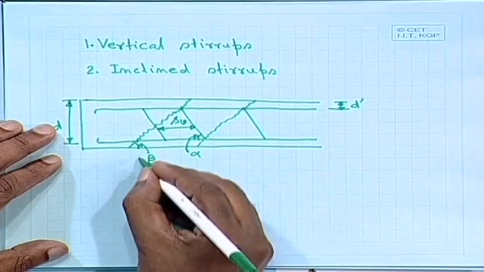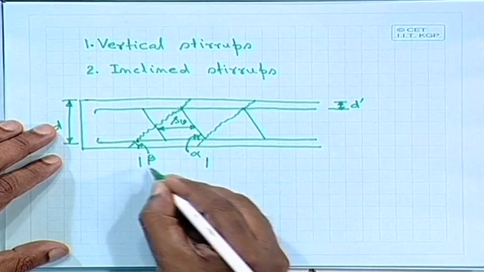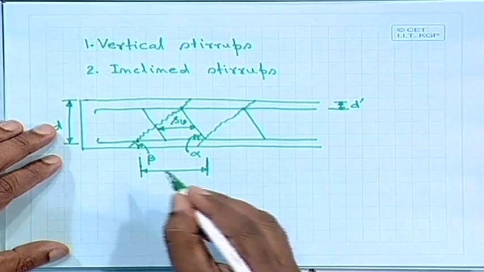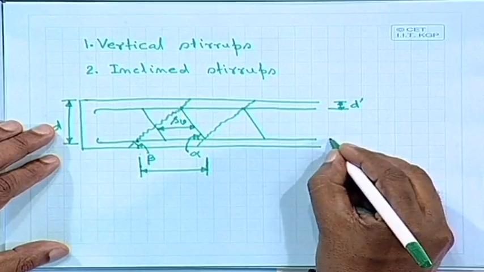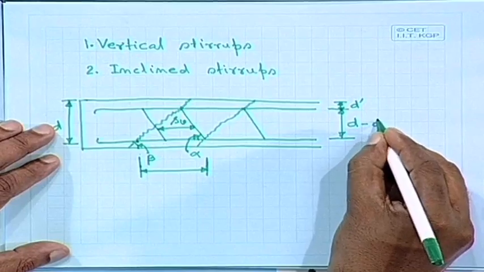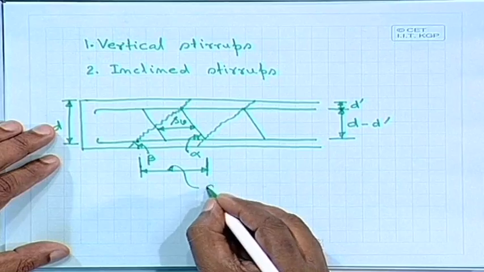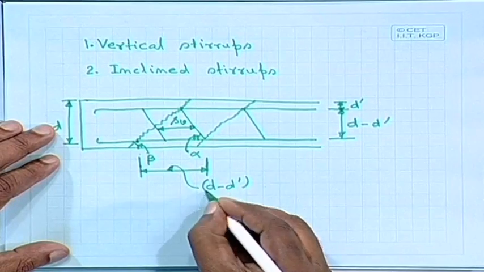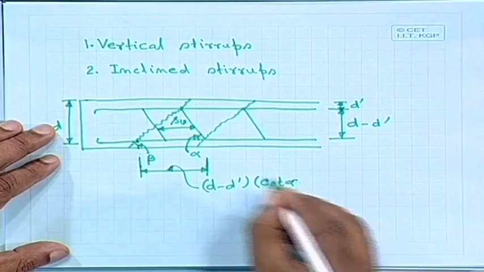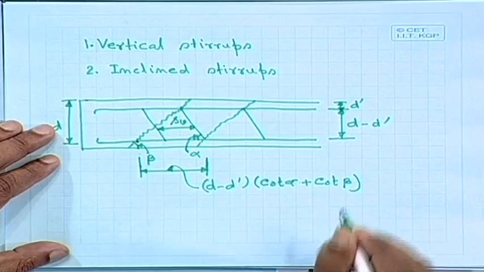The distance we are talking about, from here to here, will be equal to this depth D minus D dash. So, we shall get D minus D dash times cot alpha for this side plus cot beta.